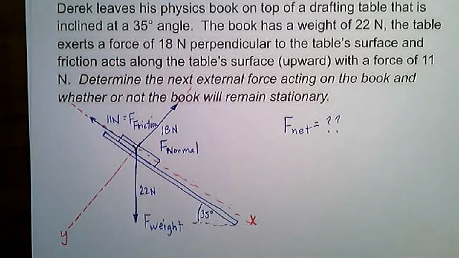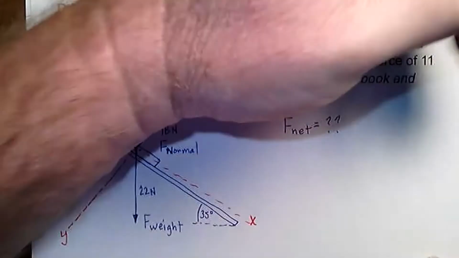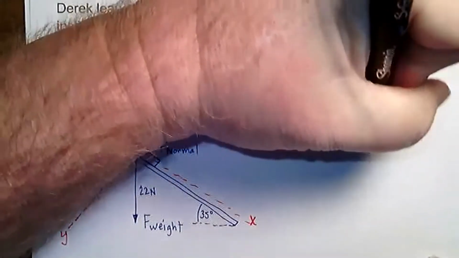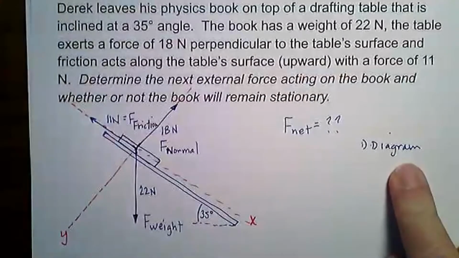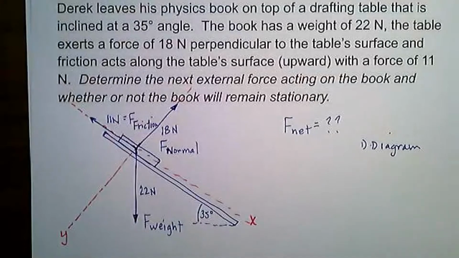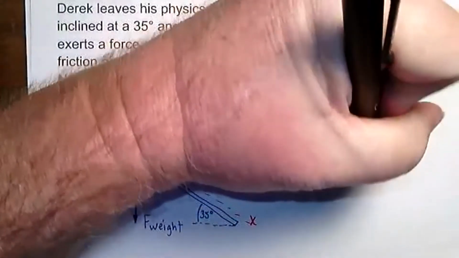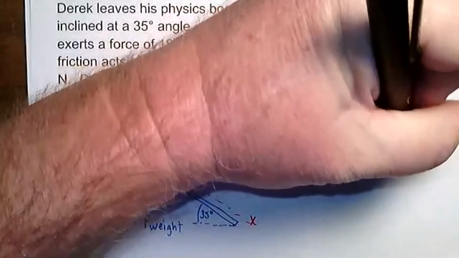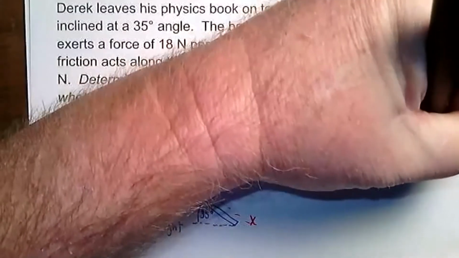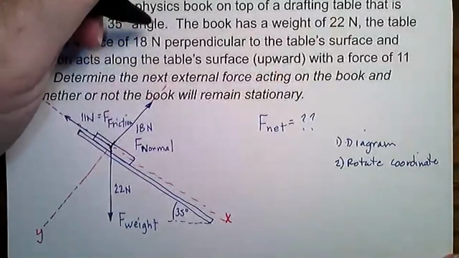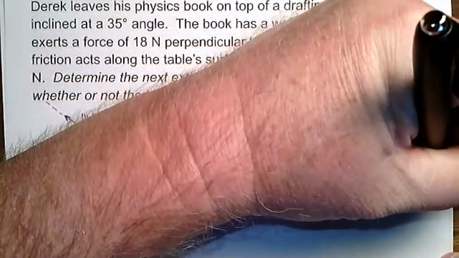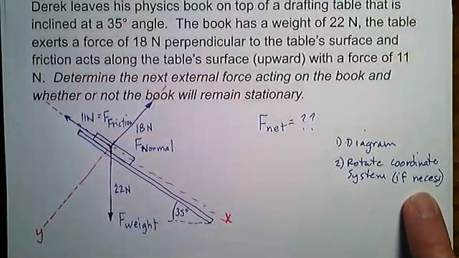So again, if I think in terms of steps, I would say number one, diagram. If you don't get the diagram right, you're probably not going to get these questions right. Second, rotate your coordinate system, if necessary.